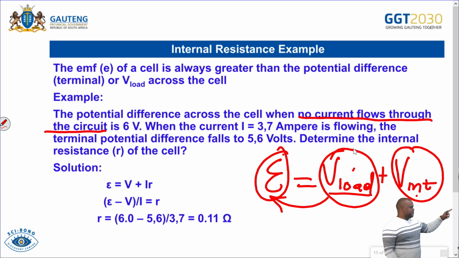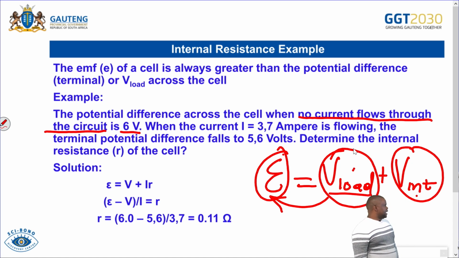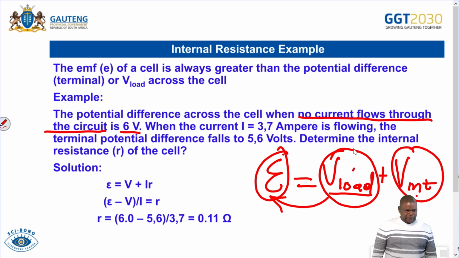Yes. And that means the battery connected to the cell gives you 6 volts. Now, when a current of 3.7 amperes is flowing, the terminal potential difference falls to 5.6 volts.